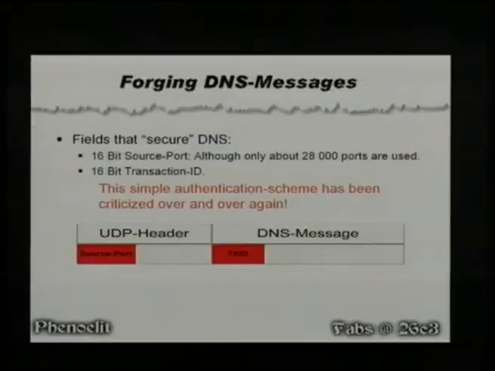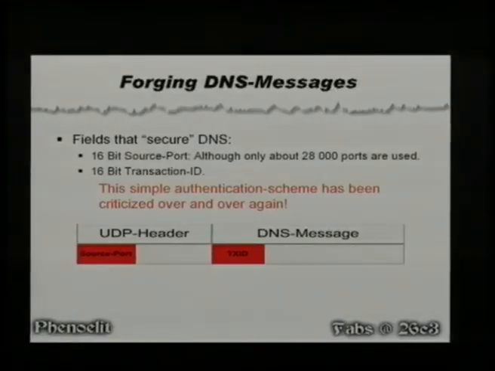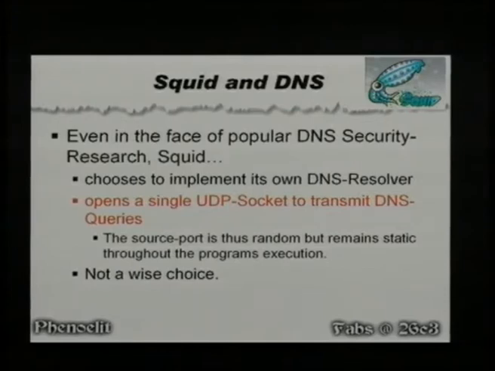And the authentication used for DNS has been criticized over and over again. Those are just 32 bits, really, which we have to guess. There's the UDP source port, which is not even part of the DNS message, and then there's a transaction ID. So now, even in the face of popular DNS security research, Squid chooses to implement this by itself.